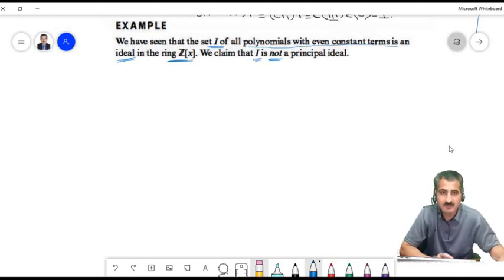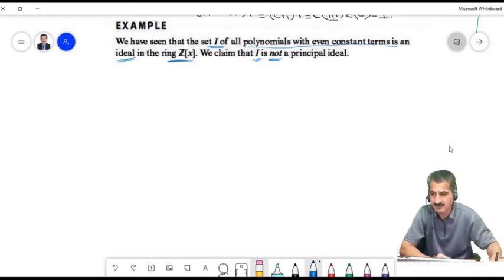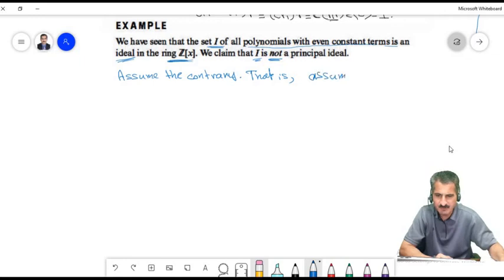How do we show it? By contradiction. We will say, okay, assume it is a principal ideal, so that means it is generated by some element. Assume the contrary. That means I is generated by some element from the ring.